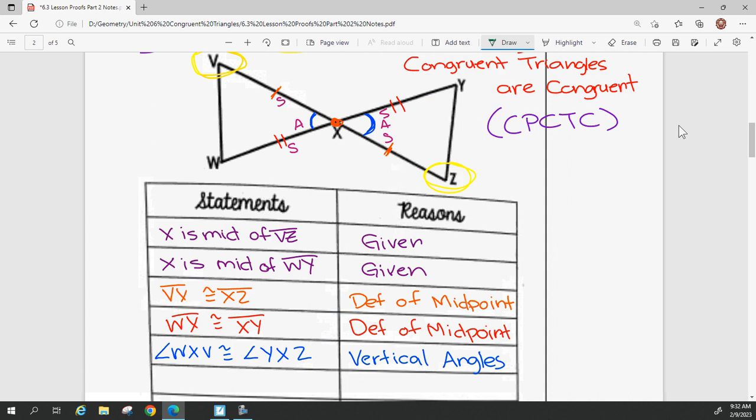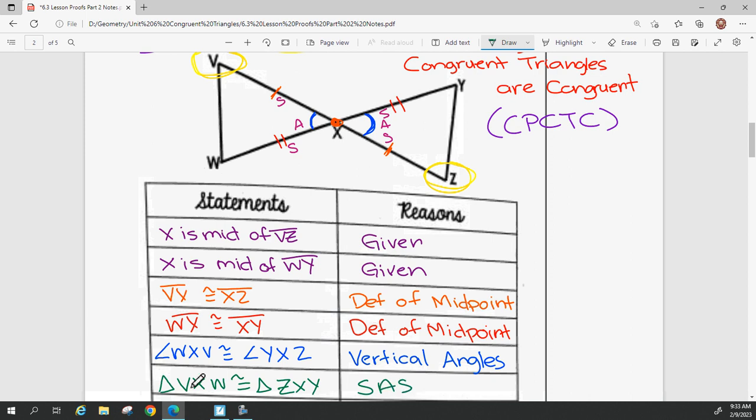We said we were going to prove these triangles congruent by side angle side. We have documented all of the things that we marked up that showed us we had side angle side, so we are now allowed to say that the triangles are congruent. I'm going to say triangle VXW is congruent to triangle ZXY, and that's by side angle side.